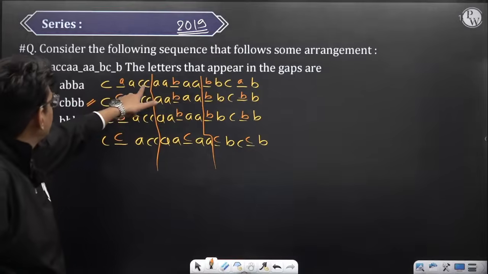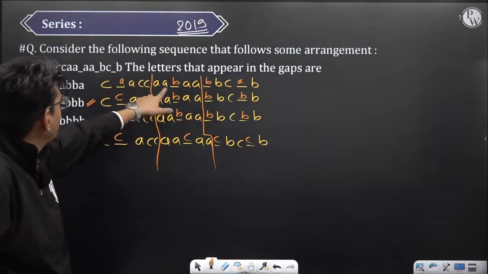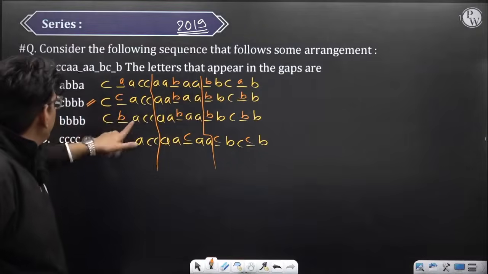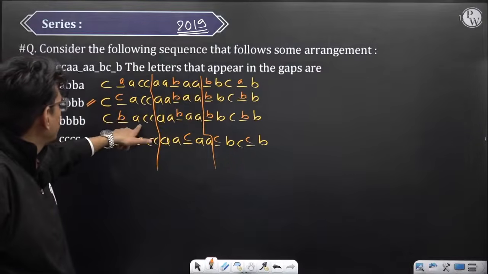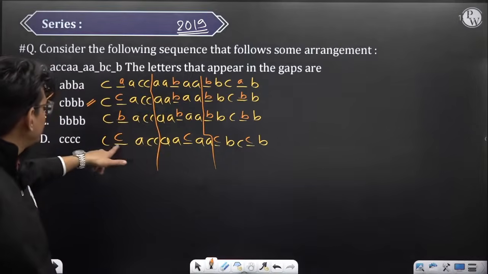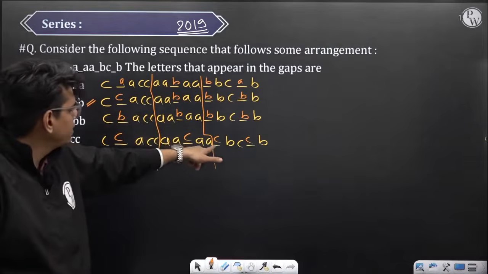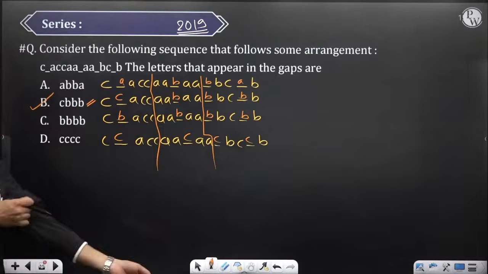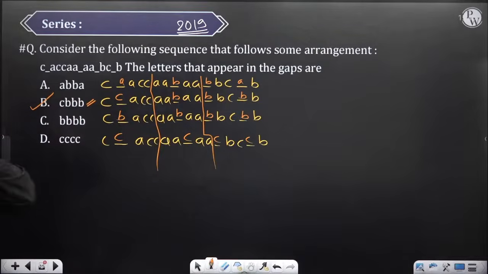Here, A and CC are at the end, but A and A are here, right? Similarly, here there is no pattern. Here also there is no pattern. Confirmed. Here also we don't have any pattern, right? Because CCACC, AACAA, then CBCCB. So no pattern. So this is our answer. This is from 2019.